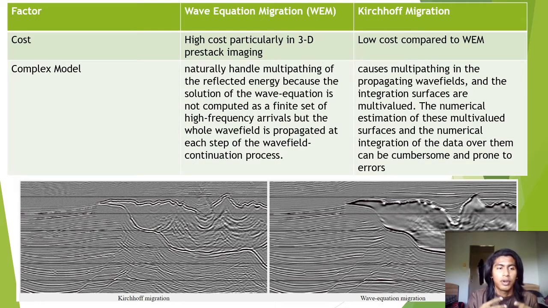It compares the image obtained by Kirchhoff migration applied to the synthetic dataset model over the salt body, and on the right side, the image obtained by the wave equation migration method from the same data.